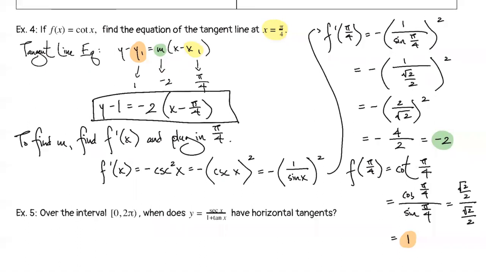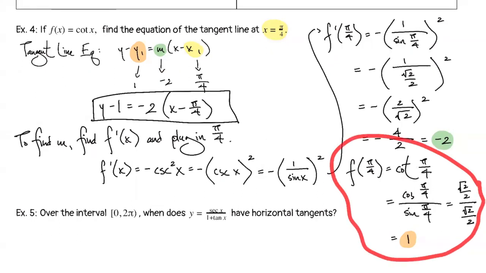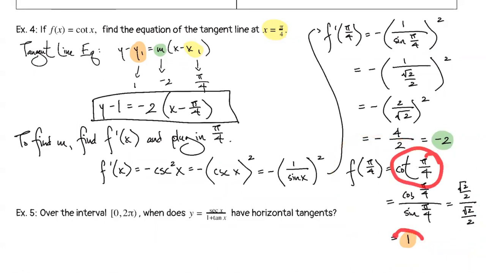Now I want to be really explicit here. Our exams are non-calculator, which means that I expect to see this sort of thinking and computation in what you are showing me. If you tell me cotangent of pi over 4 is 1 and there's not that intermediate step, it looks very much like you used a calculator.